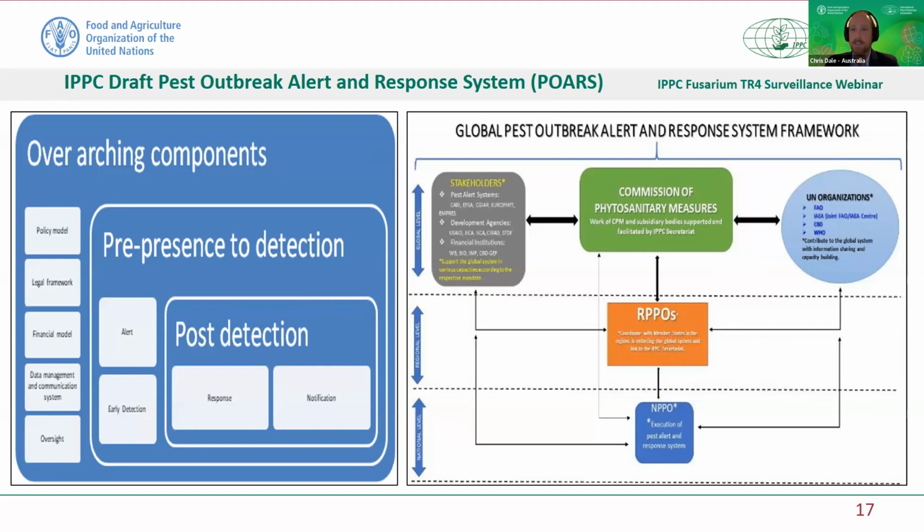So again, I think there's some great opportunities for the work of our technical working group on TR4, our technical working group on fall armyworm, and also feedback from you as participants and stakeholders to really establish and develop and grow this really important pest outbreak and alert response system, so that we do raise that preparedness at a global and a regional level.